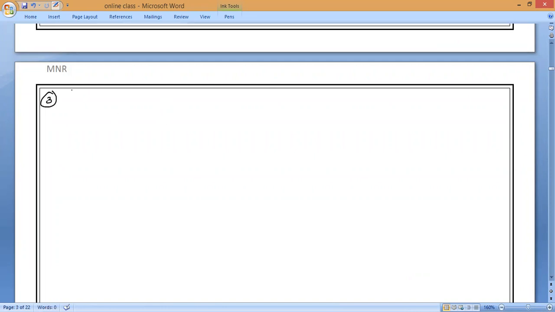Calculate the number of electrons, protons in Ca2 plus.